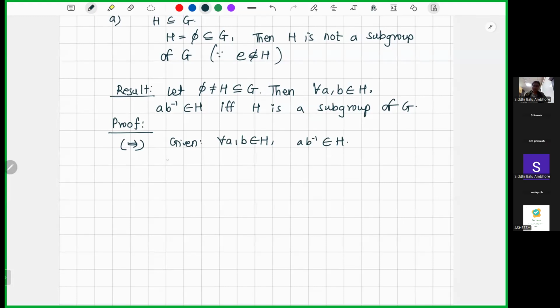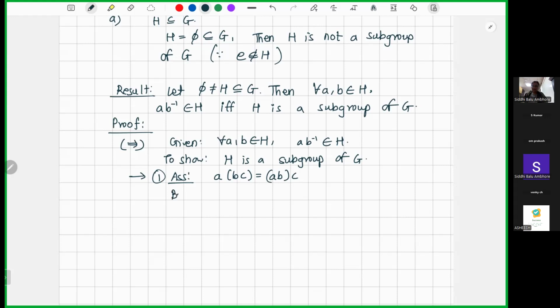Okay, and to show that H is a subgroup of G, first, associativity. Note that for the associativity condition, I need to check whether (AB)C is equal to A(BC) or not.